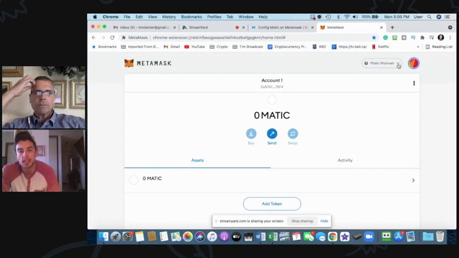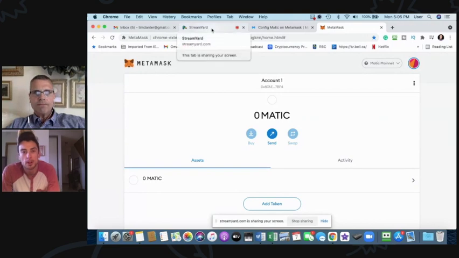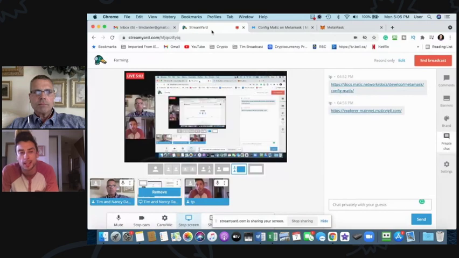So Matic has its own Explorer, as it's called, that you would use to copy and paste to add the token contract address, which we will post underneath this video as well. Okay, and that is it. So we will move on now. I will take over the reins here and show you my side of things on how to farm and do all stuff like that. All right.